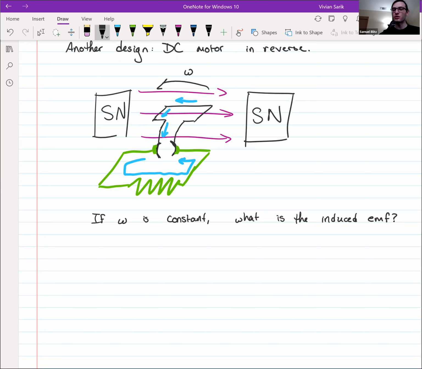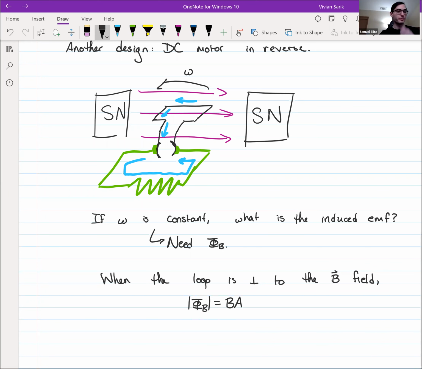So in order to find the induced EMF, we need to figure out what the flux is. So when the loop is perpendicular to the B field, the magnitude of the flux is just the magnetic field times the area, right?